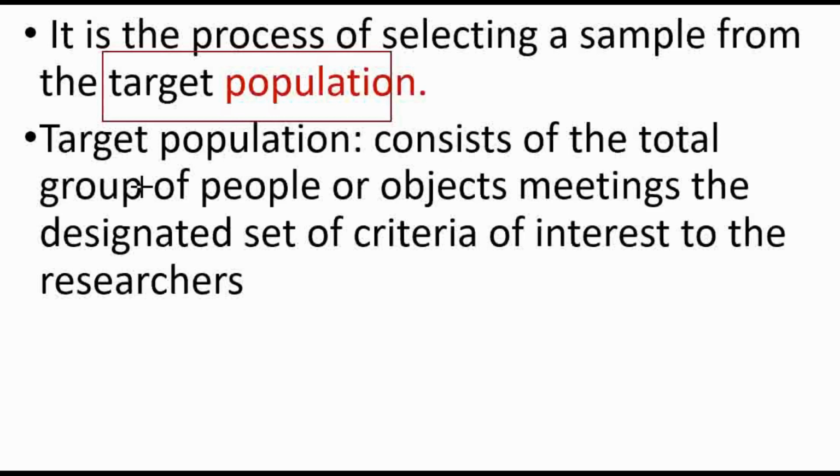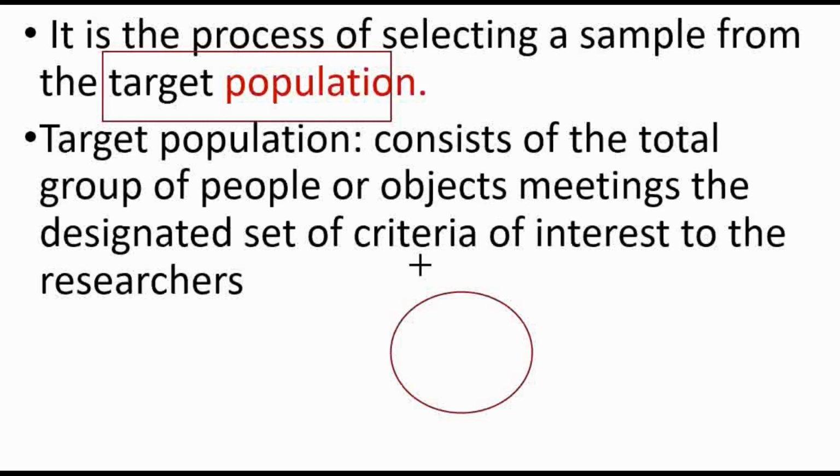It consists of the total group of people or objects meeting the designated set of criteria of interest to the researcher. All the group of people are there in it, and they have the criteria which we are looking for from the aspect of research.